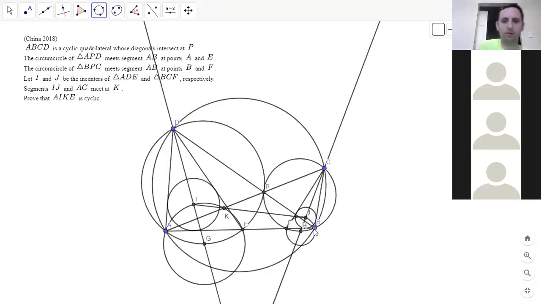But yeah, there's a couple different ways. Basically we want to show that point K lies on this circle and this point lies on that circle.